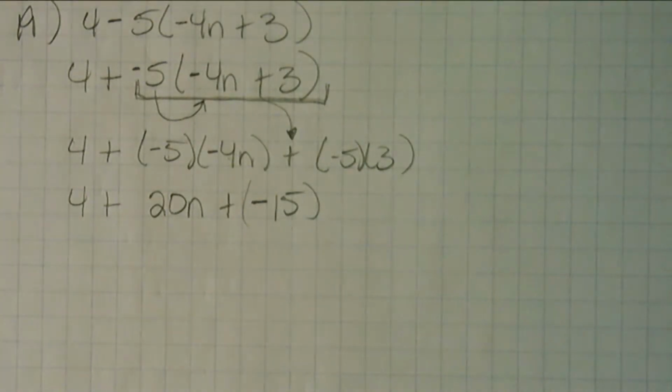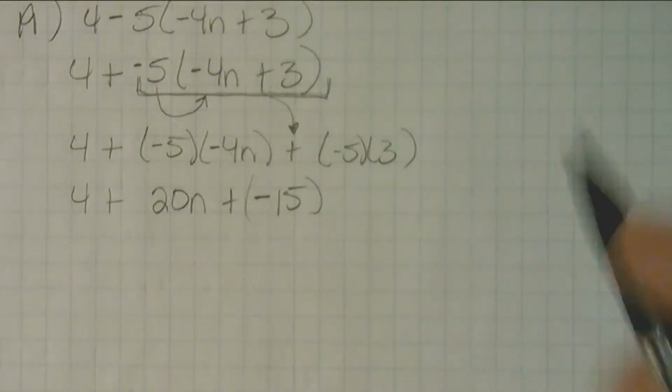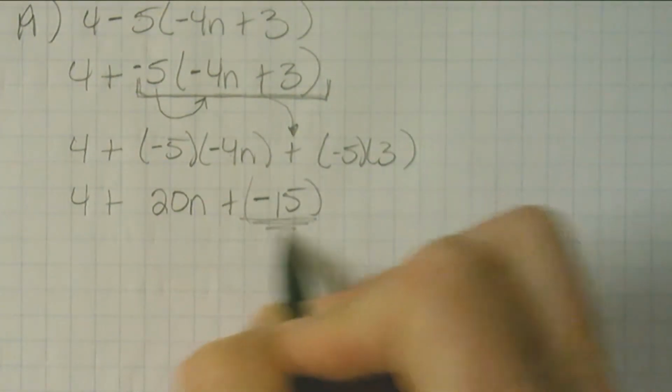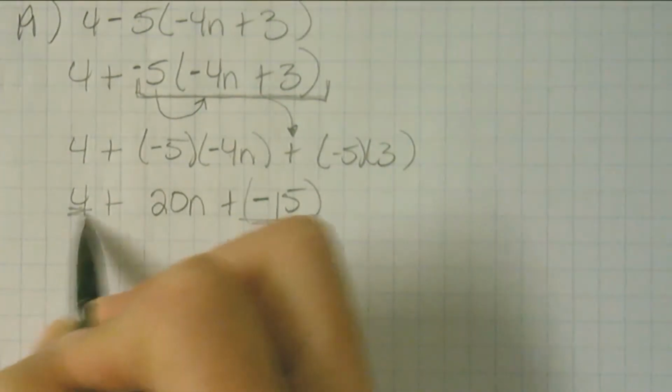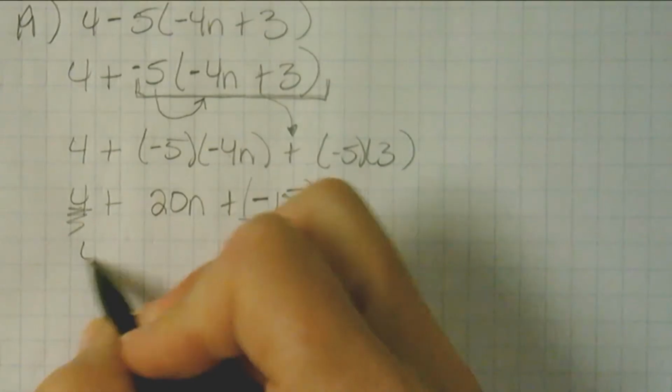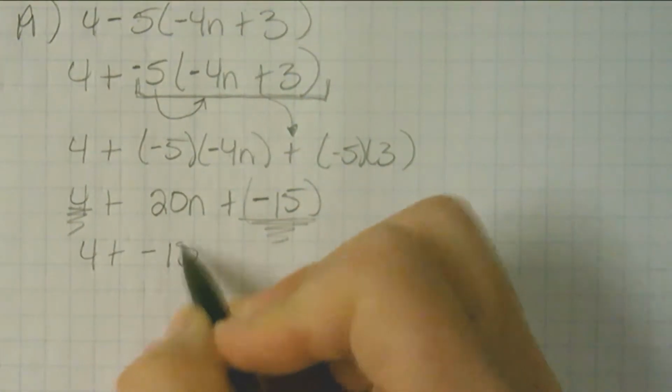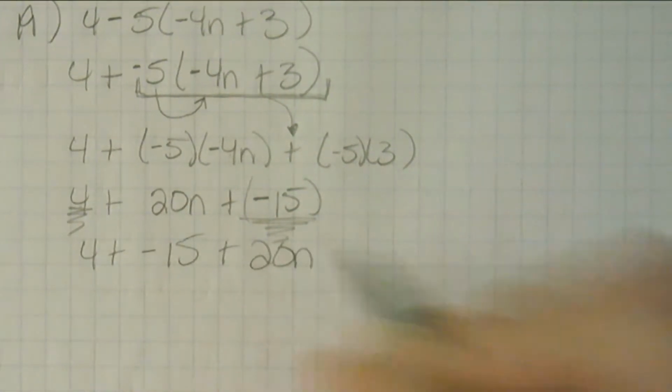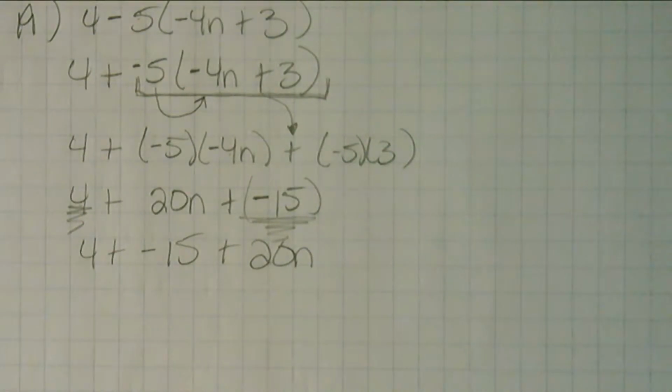Okay, I can add my like terms. My like terms are going to be a negative 15 and a positive 4. So I'm going to move them next to each other. You could put the 20n first. Usually in algebra the variable term comes first, but I'm not going to be picky right now.